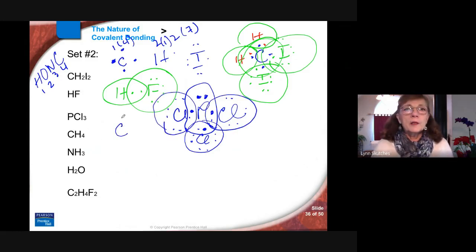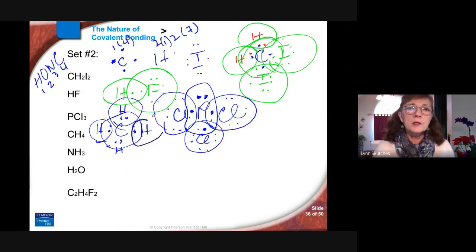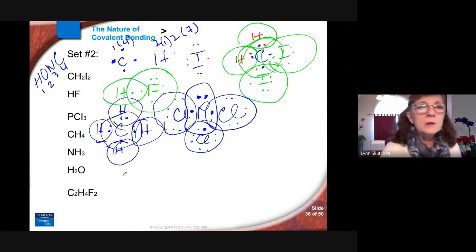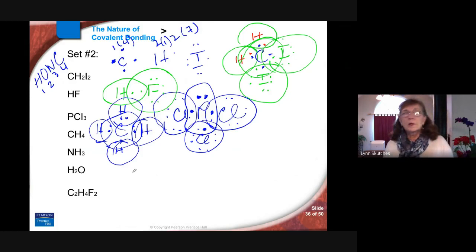Methane, again, 1, 2, 3, 4 hydrogens. Carbon gets its octet, each hydrogen gets its duet. Good so far. I did ammonia for you already.